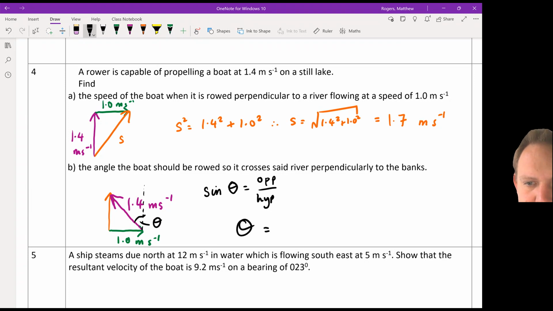So the angle should be equal to the inverse sine of the opposite side over the hypotenuse, which gives us an angle of 46 degrees when we write it to two significant figures.